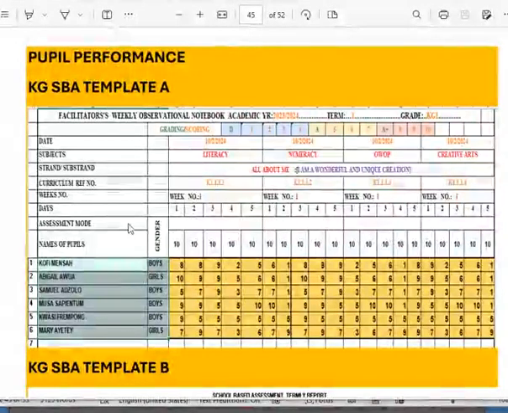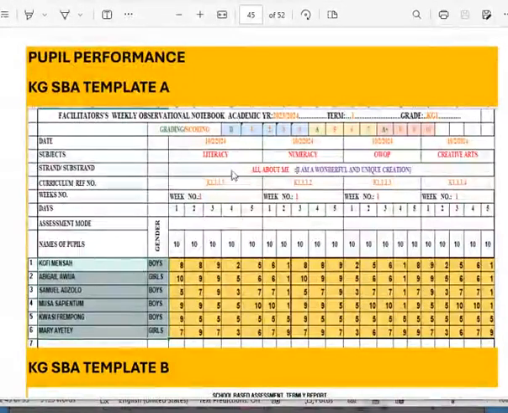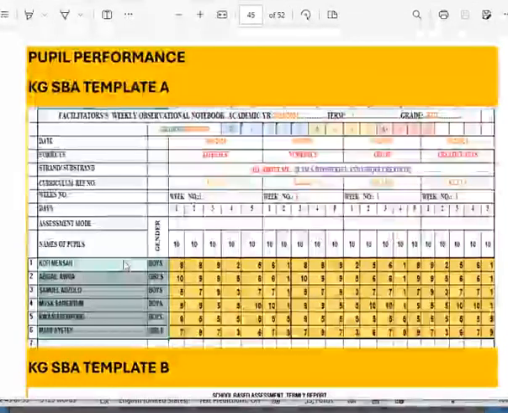Okay, so then on a daily basis you teach or facilitate the substrand or the strand, which is all about me, I'm a wonderful, unique creation. Then under literacy on Monday, which is day 1, out of 10, let's look at the pupils, right?